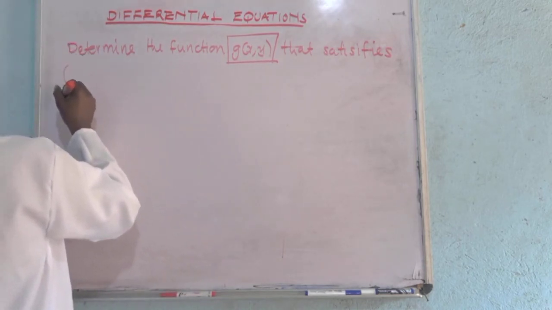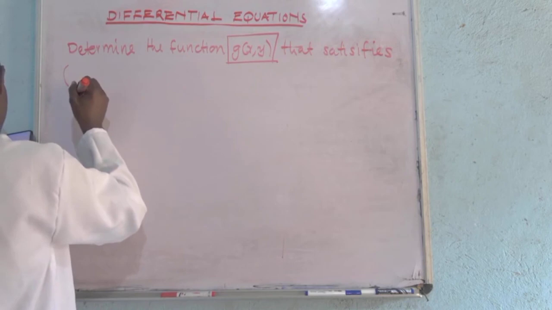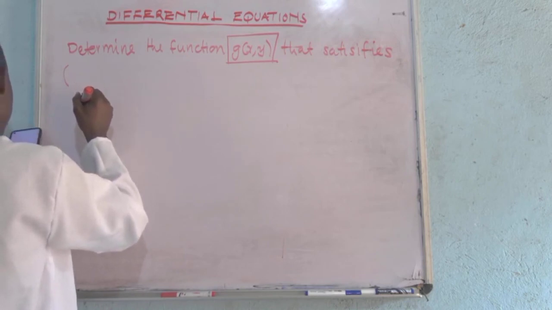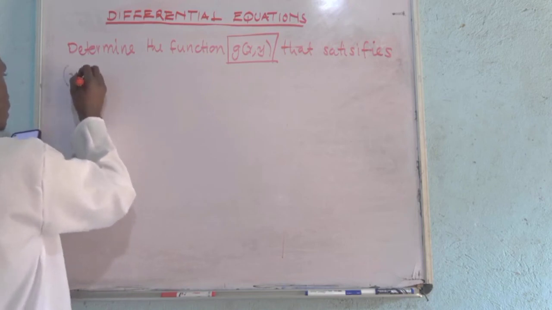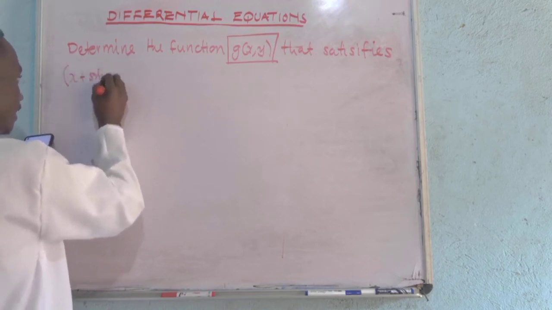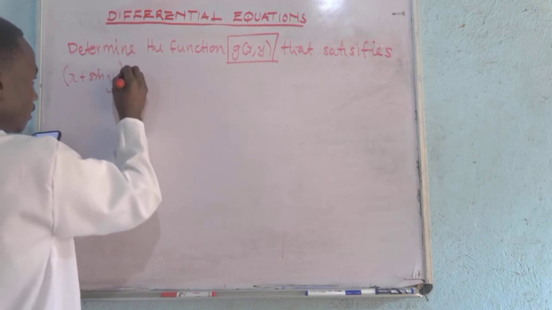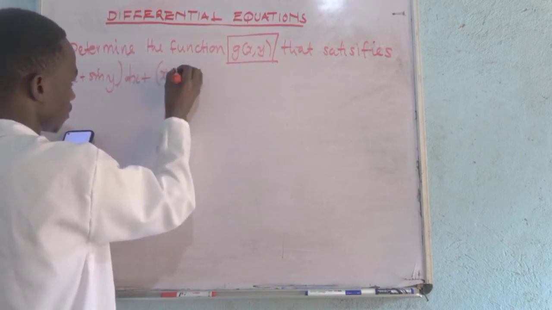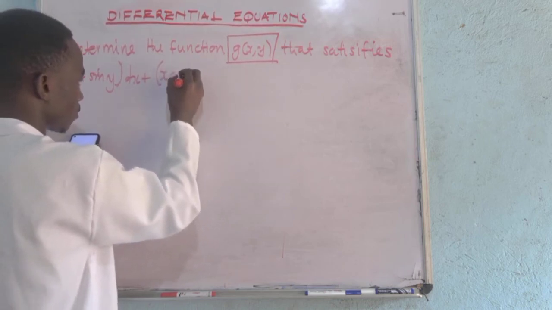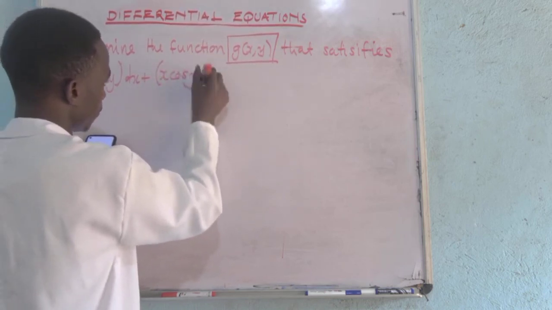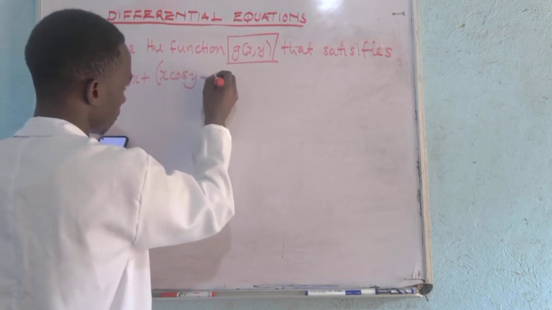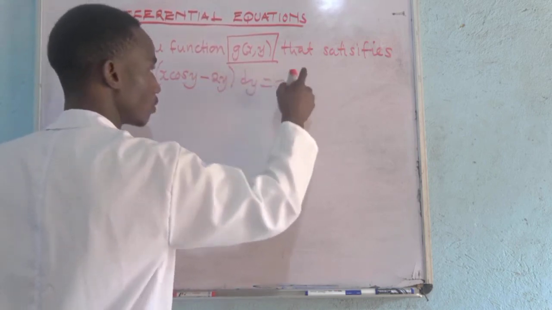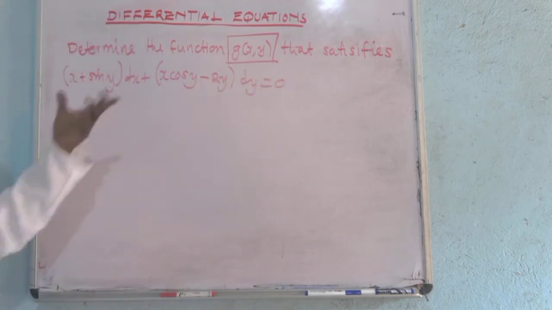So let's suppose you have a function x sine of y dx plus, then we say x cos y, maybe we say minus 2y dy. Also we need to find the solution to this one.